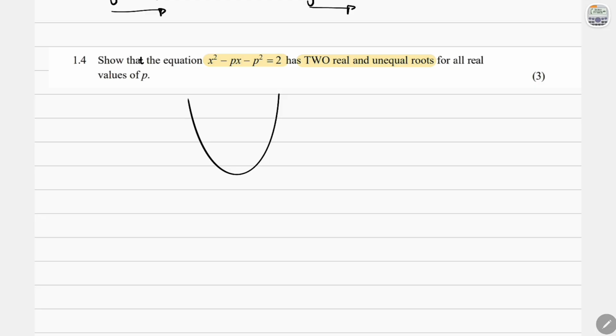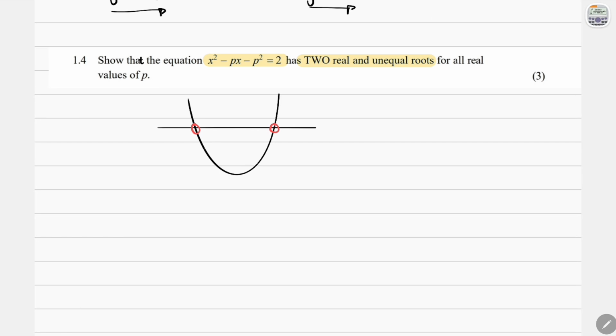So what they're just saying is, when we graph this and we look for the roots, the x-intercepts, you're going to notice that there would be 2 real and unequal roots. So we will have 2 completely different roots. They're not going to be the same root. So 2 distinct roots, and they are also real. And they're not asking us to find the roots. They're just asking us to show that these are the type of roots we're going to get here.